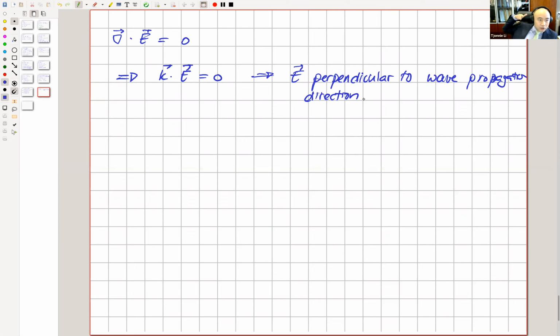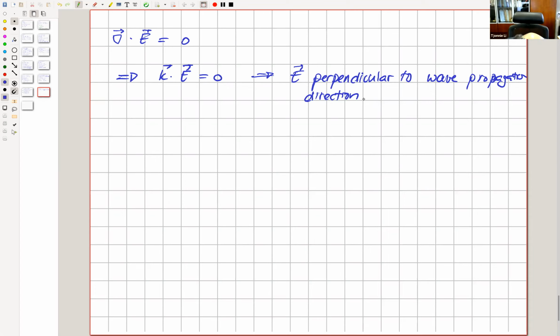So if the wave is traveling in, let's say, the z direction or the x direction, it depends on how you rotate your axis, the electric field is perpendicular to it. That is a pretty big result already. We know that the E field is therefore a transverse wave, right? A transverse wave is defined to be where the effect, in this case whether you take displacement or the field, is perpendicular to the direction of travel.